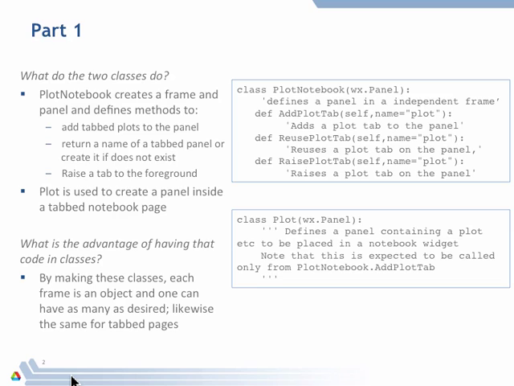It creates the frame that the panel is going to go in, and then it defines one method to add a plot tab to that panel. Another one is to reuse it if it exists. So if you give it a name for a tab and it finds it, it reuses that one. Otherwise, it creates it.